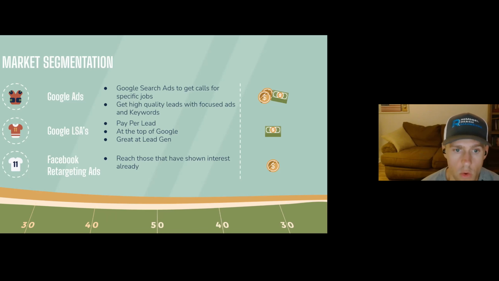Combining the two, though, will definitely help you get better overall visibility on the front page of Google, because at the end of the day, we're trying to show up for people who are looking for your services. That is the best way that you're going to find good quality leads online.